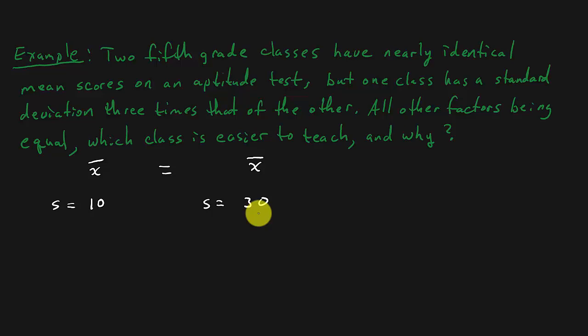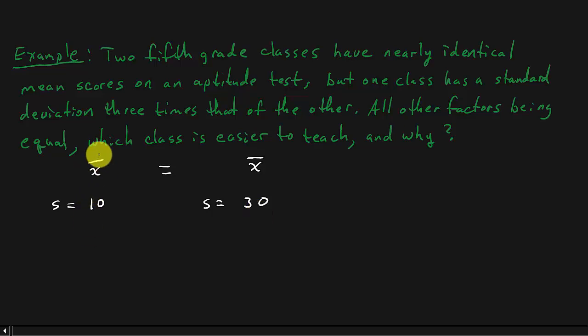But in the class with the greater standard deviation, well, if you're teaching to the average student, the students whose scores are way above the mean will be bored, and the ones that are significantly below the mean would be confused.